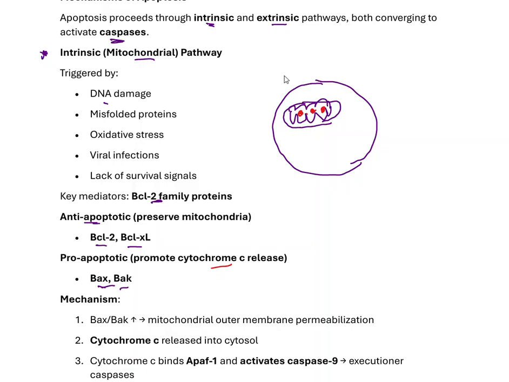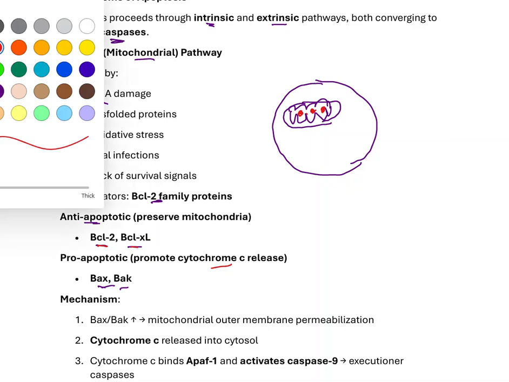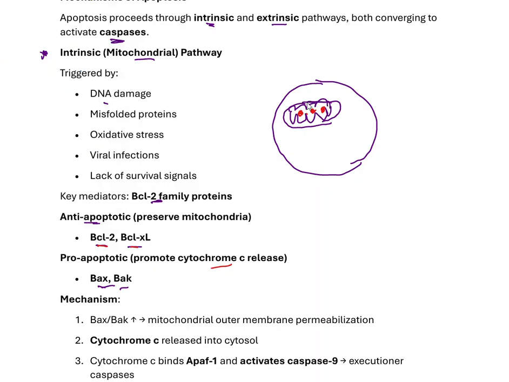So BCL2 and BCL-XL preserve the mitochondrial membrane. They maintain the integrity of this mitochondria so that this cytochrome C does not leave the mitochondria.